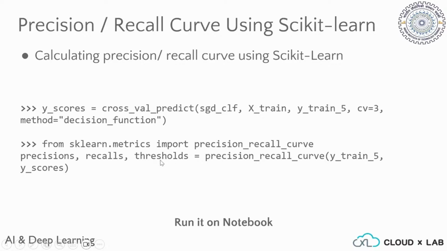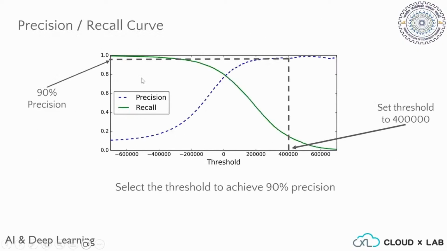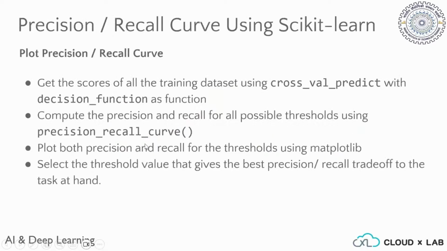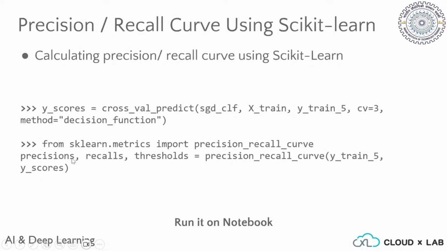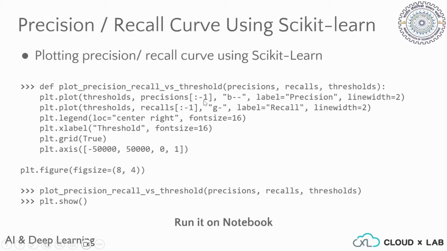For threshold, we will get a vector of size 10, but for precision and recall, we will get an 11-size vector. There will be 11 elements in precision and recall for the 10 thresholds. The last value is the extra value, which is nothing but the 1 and 0, the maximum value of precision and recall. So 1 comma 0. That value we will always get extra, and we don't want it.